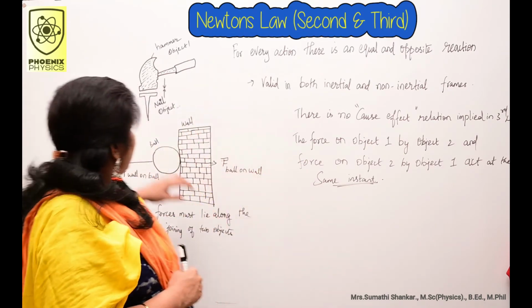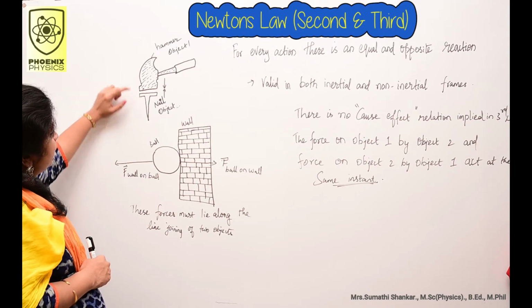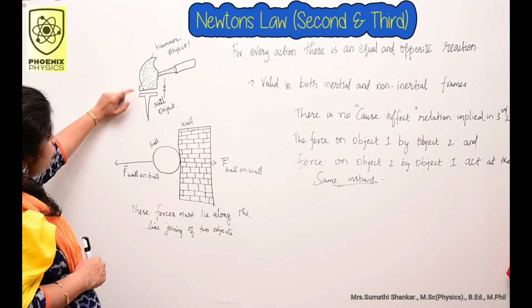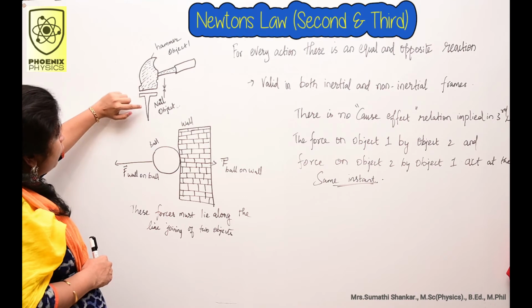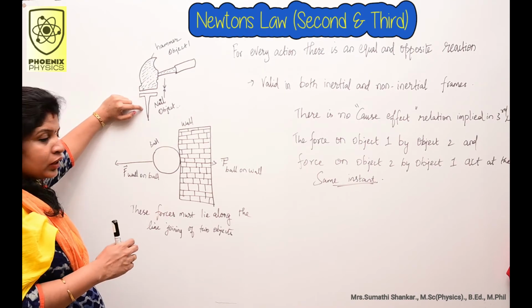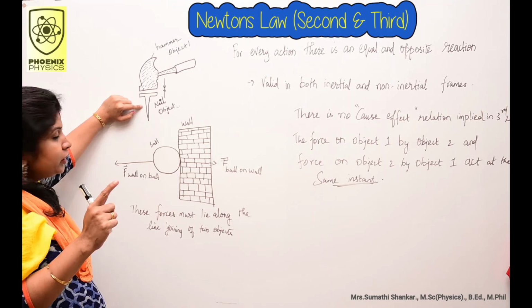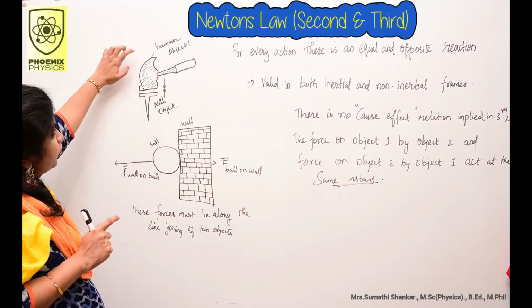Same way, in the hammer and nail experiment, this is my object 1 and this is my object 2. So the object 1 exerts force on object 2 and the object 2 must exert equal and opposite force on object 1.